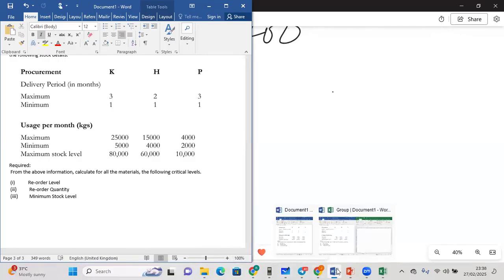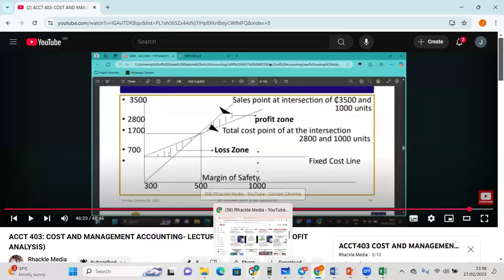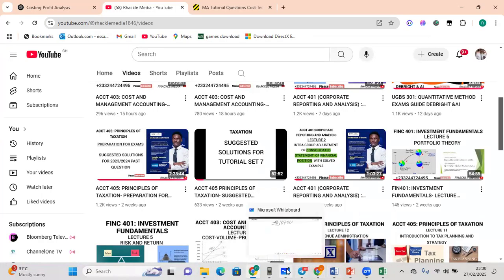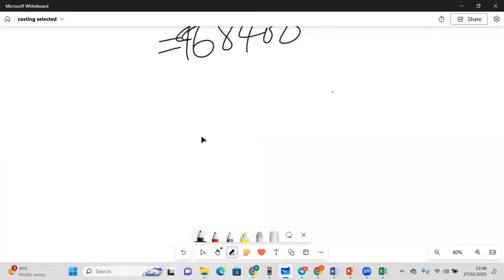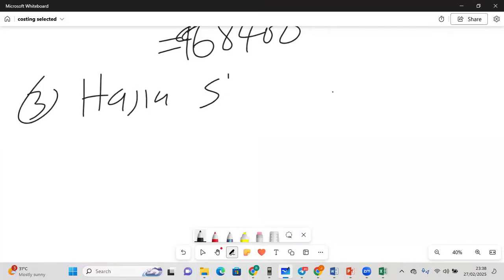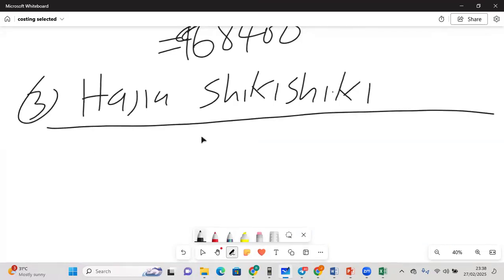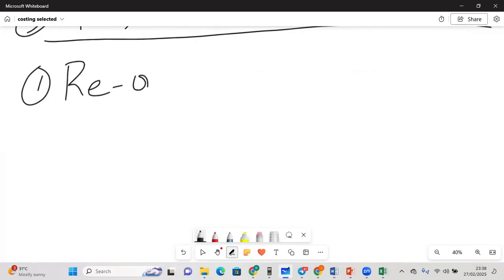So they are telling us first to compute the reorder level.